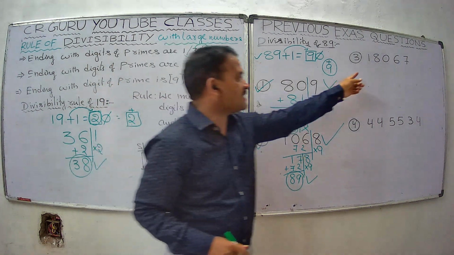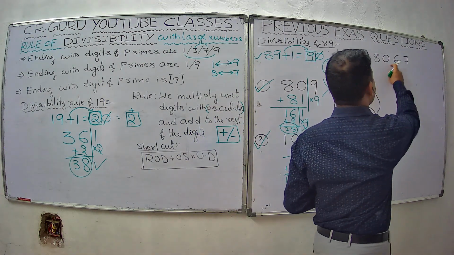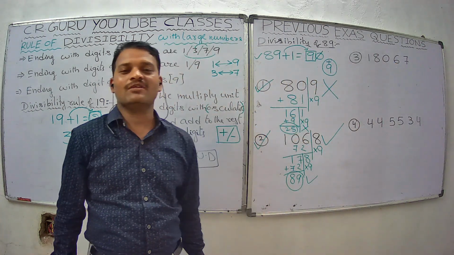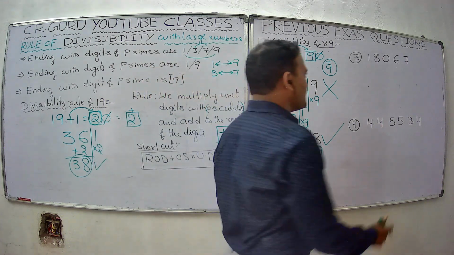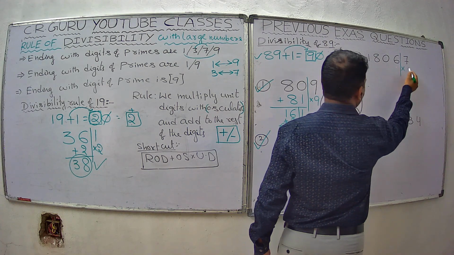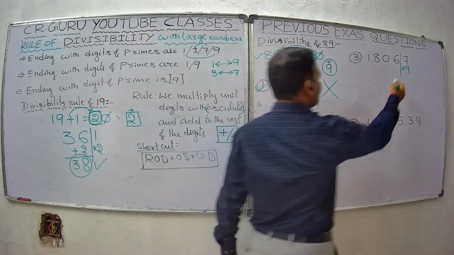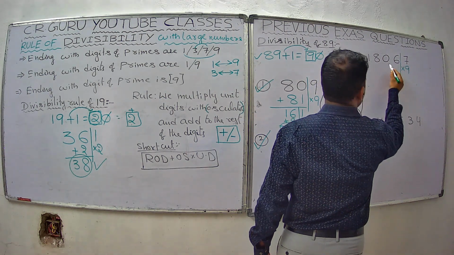Okay, so now I'll take one more sum, my dear friends. 18067, whether it is divisible by 89 or not. Same process. First of all, you segregate the unit digit and multiply with the oscillator. The oscillator is 9. So 7 nines are 63.